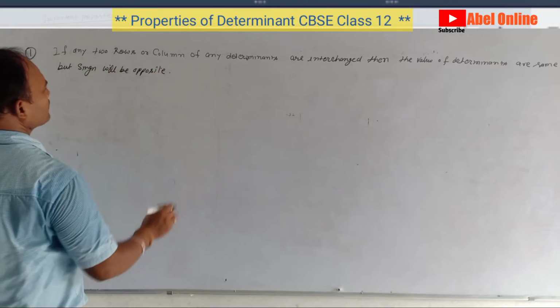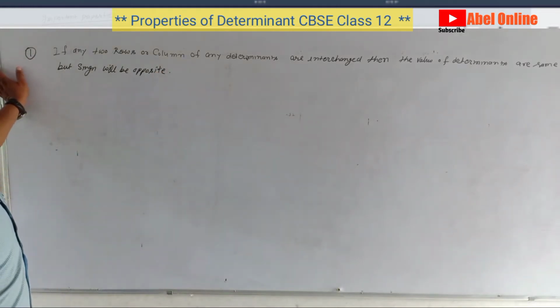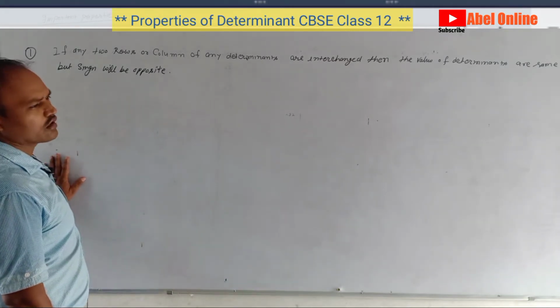What is the meaning of this? If any two rows or columns of a determinant are interchanged, then the sign of the determinant changes. So the sign will be opposite.